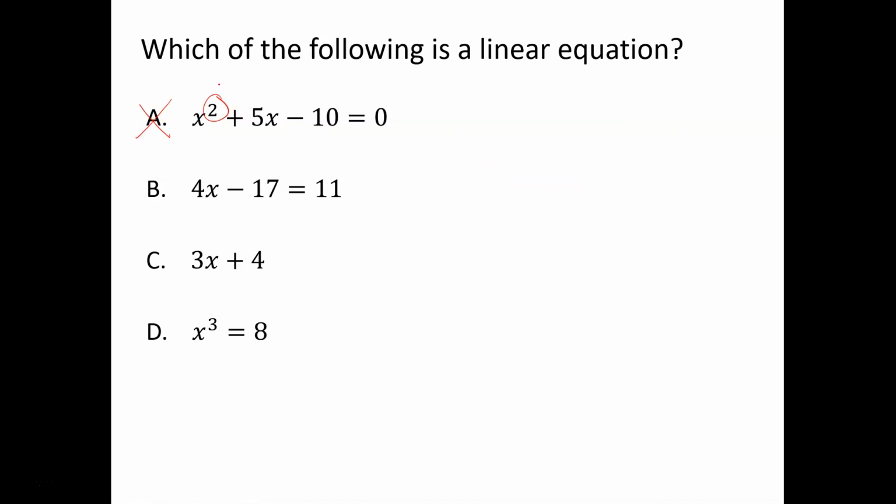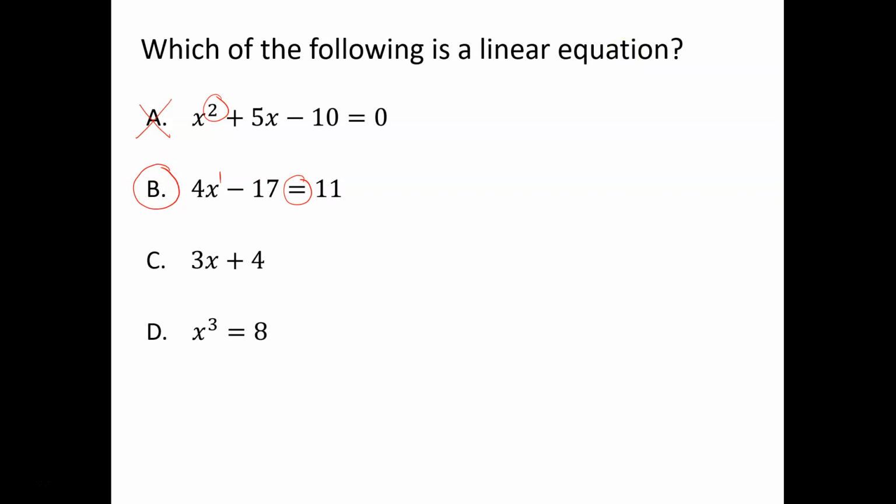It would be a degree 2 equation. B, well, it has x to the first power. 1's our highest exponent on the variable. It does have an equal sign, so it meets both of those. The x to the first makes it linear. The equal sign makes it an equation. So yes, this is a linear equation.